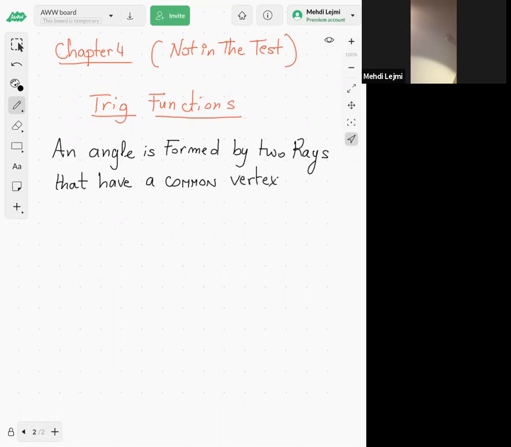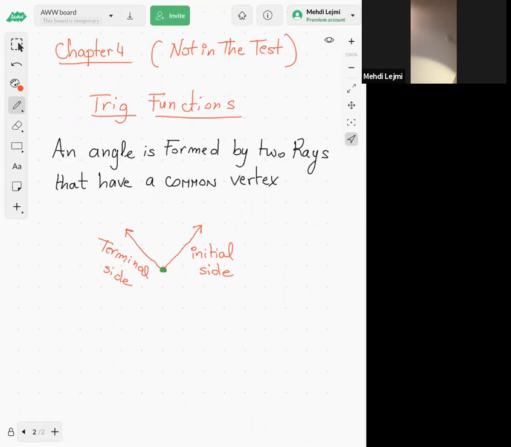Okay, so let's say here's your vertex, guys. And you have a first ray, this one here. The first ray is called the initial side. And then there's the second ray, the second side, this one here, and let's call the second side the terminal side.